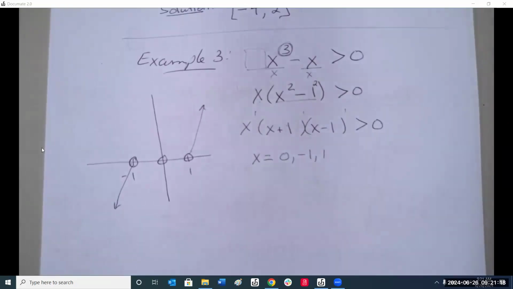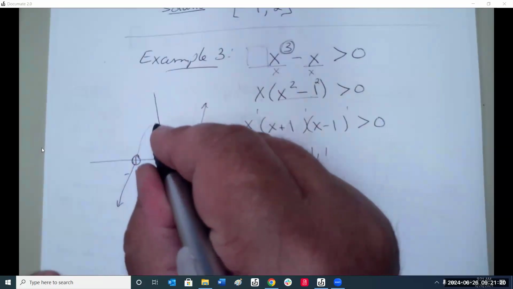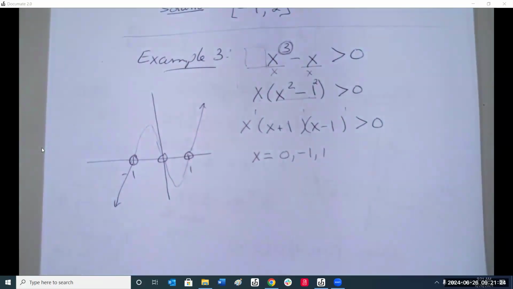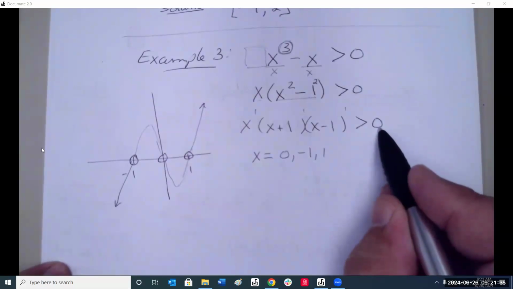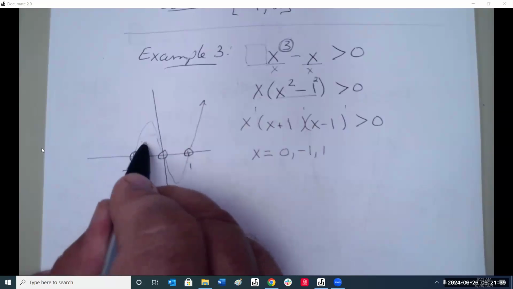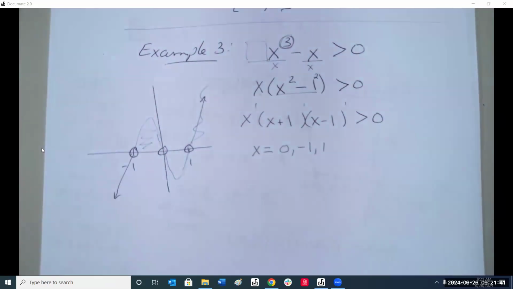If it was negative, it'd be flipped. Since they cross, we know the graph will look something like this. What part of the graph are we looking for? Everything above the x-axis. So the graph above the x-axis is right here and right here.